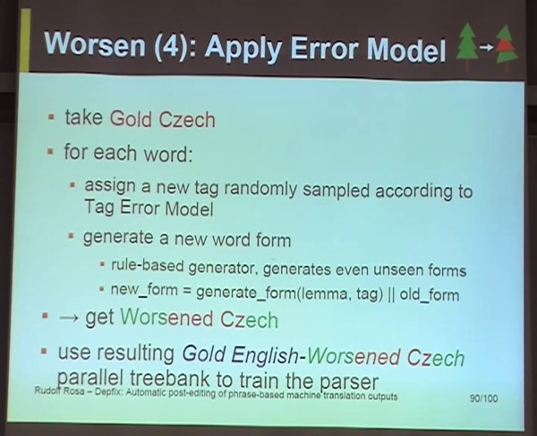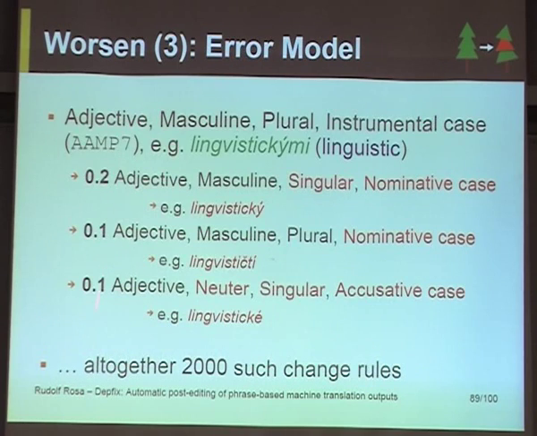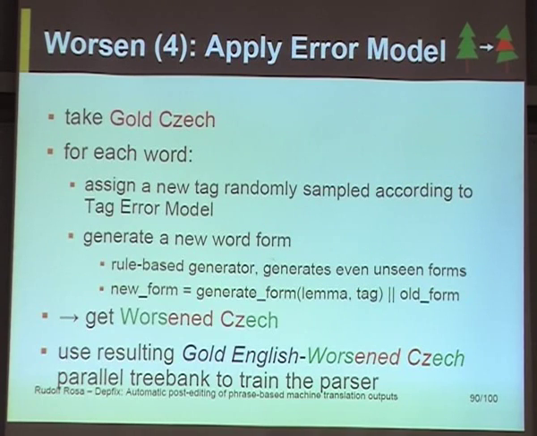And then we take our gold Czech, so the Czech data from the Czech English Dependency Treebank. And for each word, we sample a new tag. So with the largest probability, it will be just the original tag, the correct one. But with some probabilities like that, the word will get a new tag which will be incorrect. Then we can feed it to the morphological generator.